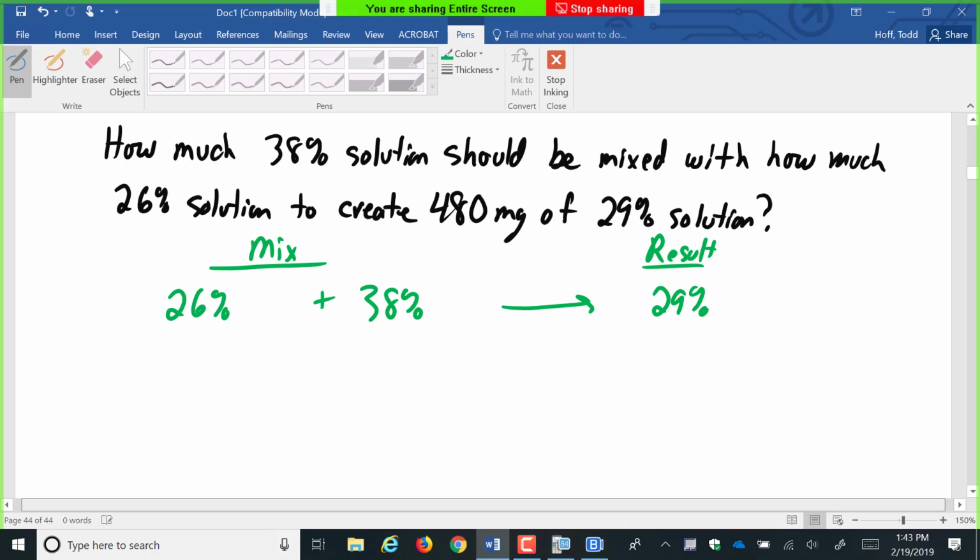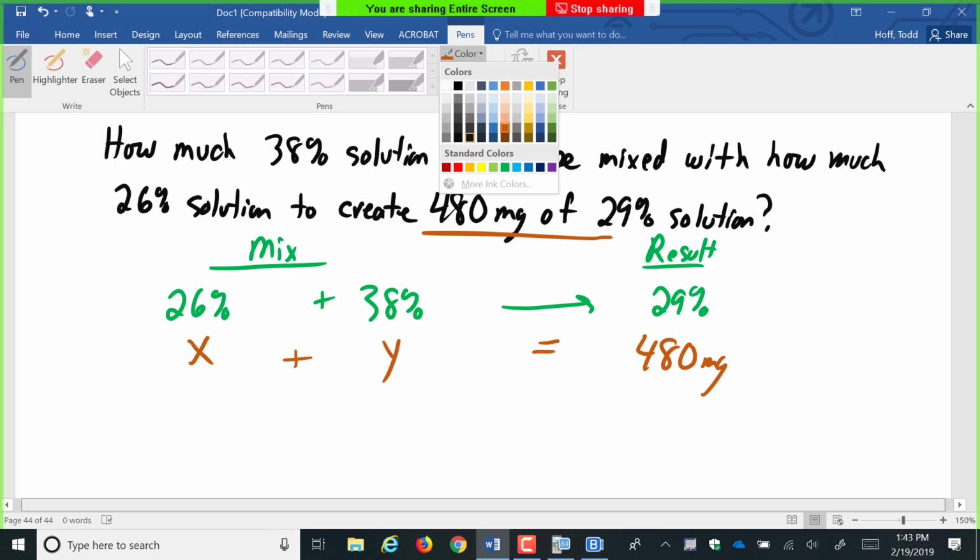Our result always has to be between the two components. The amounts, we don't know either of these amounts. So we know we've got x and y, but we know those have to add up to a total of 480 milligrams of the 29% solution.